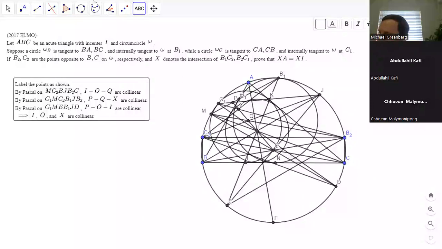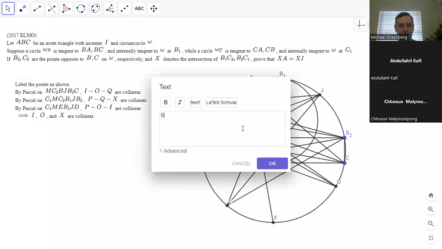And then we use it one more time. So by Pascal on MC2E, B1JC. Then we have MJ intersect C2B1, I and O are collinear. And that means that X equals MJ C2 B1.